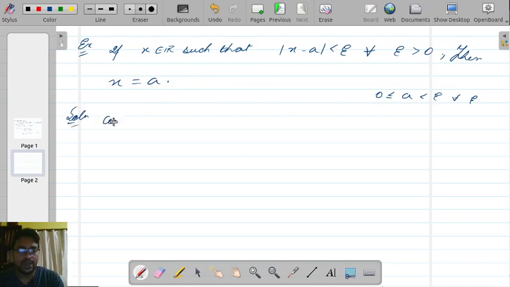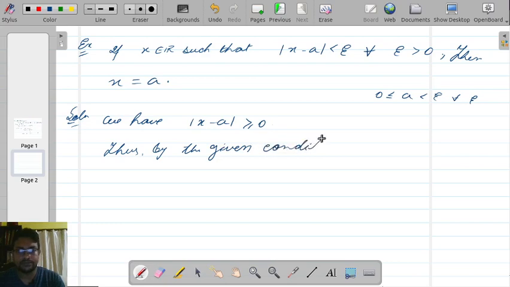So, solution: we have mod of x minus a, which is always greater than or equal to 0. Thus, by the given conditions, 0 is less than or equal to mod of x minus a, which is strictly less than epsilon for all epsilon greater than 0.